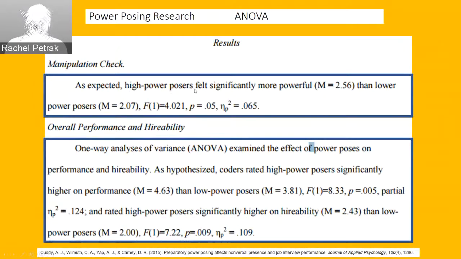High power posers, those are our first group, felt significantly more powerful. So we've got the group and the dependent variable. And then you see here in parentheses, there's the group mean. This is a standard procedure to report at minimum a group mean, oftentimes along with a standard deviation, in a result sentence like this.